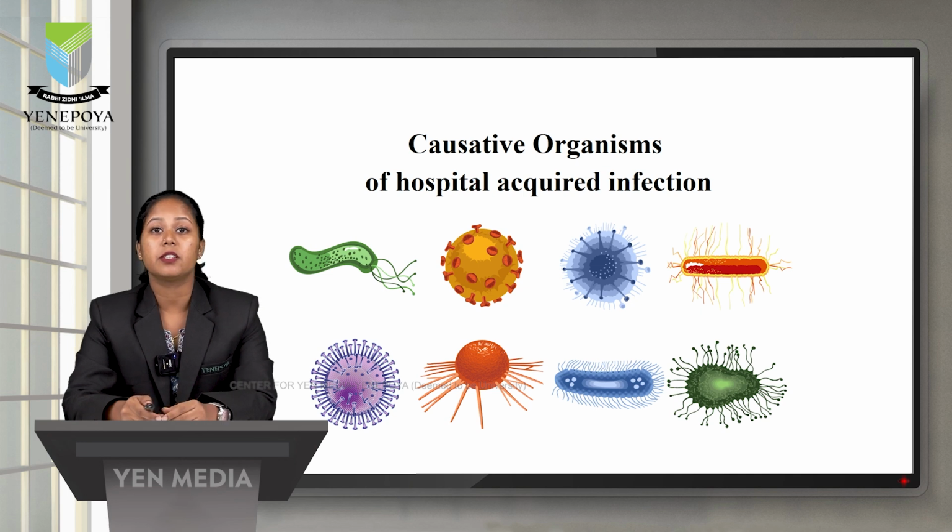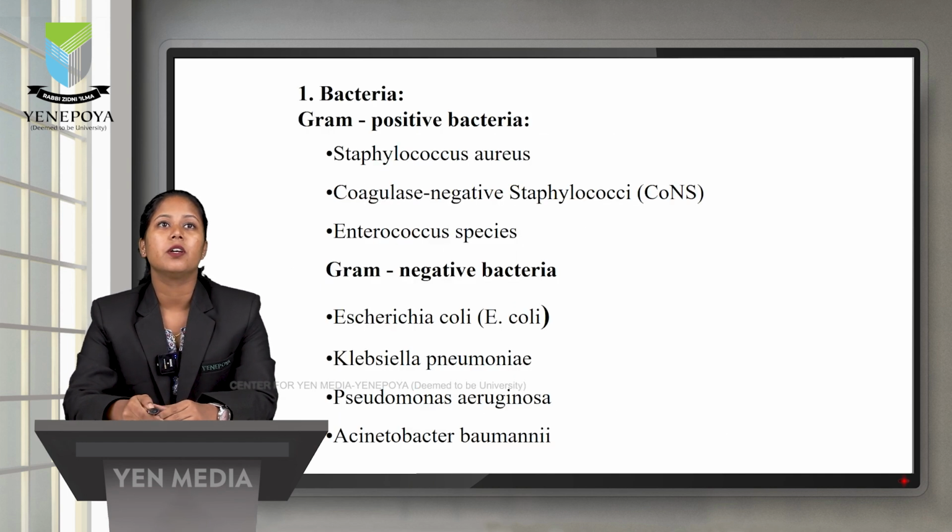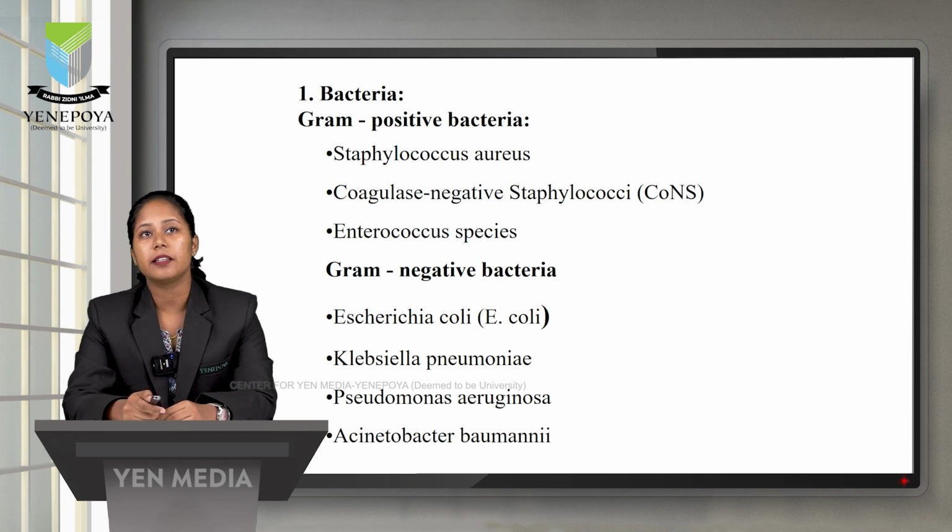So far we have seen the sources and modes of transmission. Let us look into the causative organisms of hospital acquired infection or nosocomial infection. First one is bacteria. There are two types of bacteria: gram-positive and gram-negative. Under gram-positive bacteria we have Staphylococcus aureus, coagulase-negative staphylococci, and Enterococcus species.